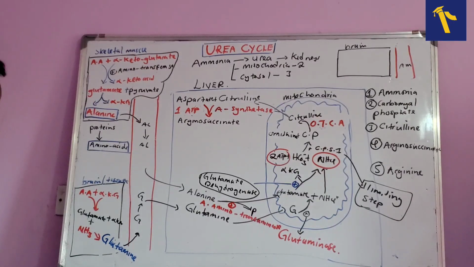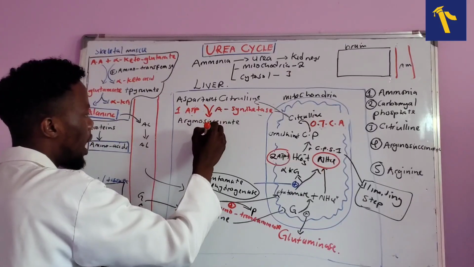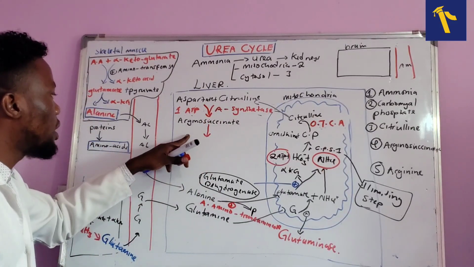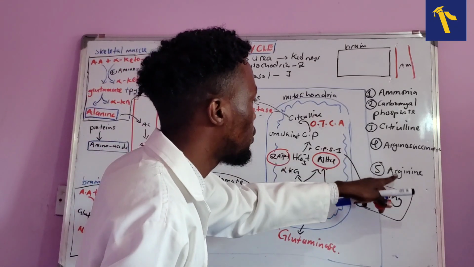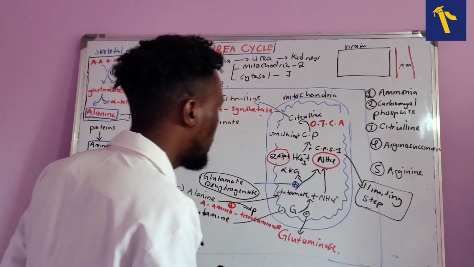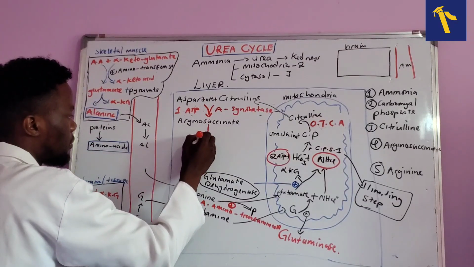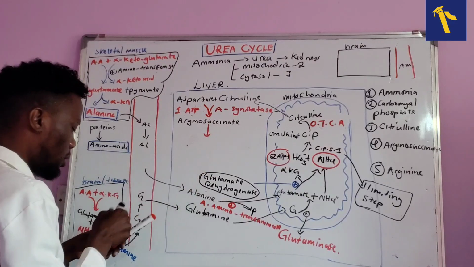Alright, again we proceed. Argininosuccinate is going to be converted into another important molecule. If you follow this, we're going to have arginine. So let us use black.